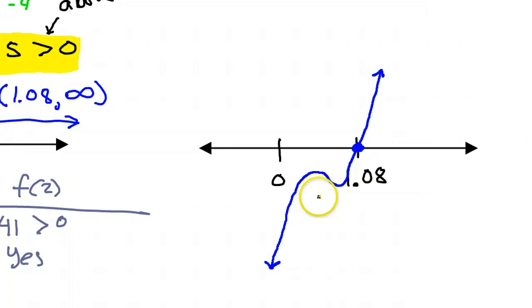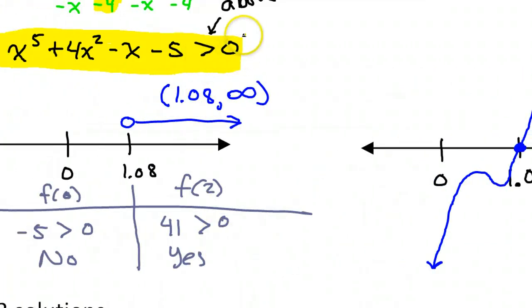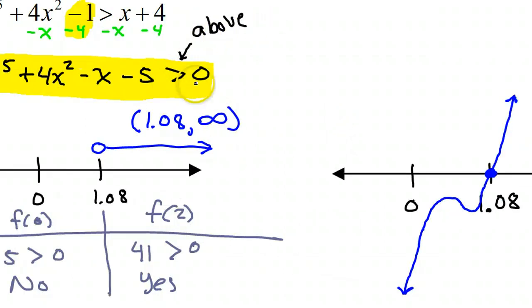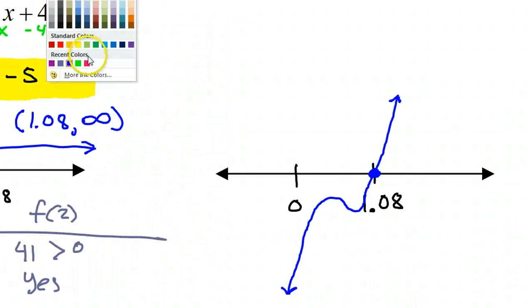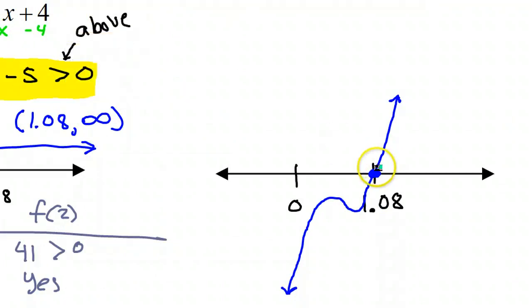Now, we want to know where the function is greater than 0. In other words, where is it above the x-axis? Not equal to, only above. So if I want to highlight that, I would do it like this. I'm not going to highlight the blue dot because I only want the part of the graph that's above that. So that would be like this.